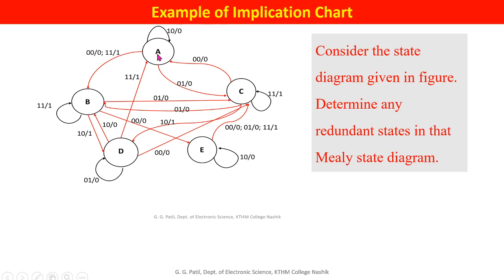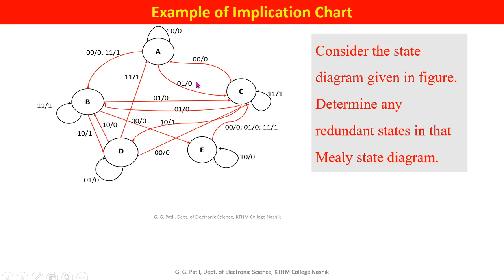If we consider the state A, if present state is A and input is 0 0, see this, the next state is state B. So it makes the transition from state A to state B where output is 0. So in this way the state table is to be read. Again, if the present state is A and input is 0 1, see this one, the next state is C and output is 0.